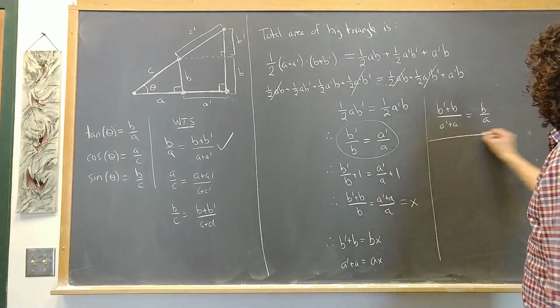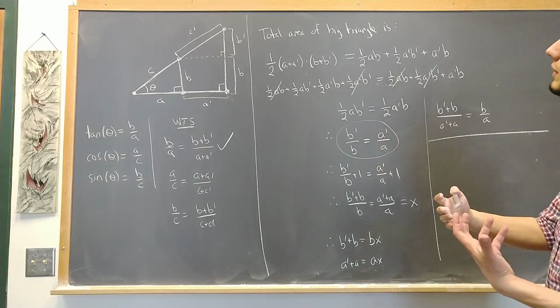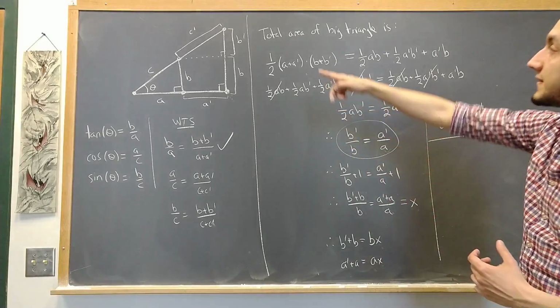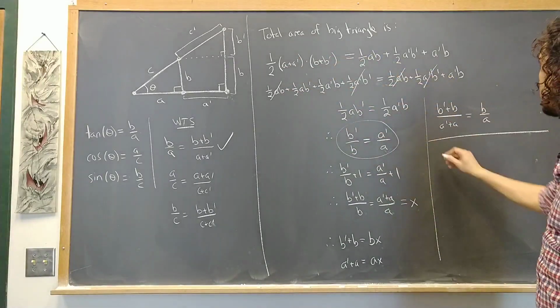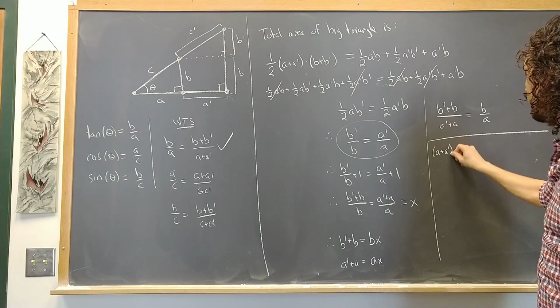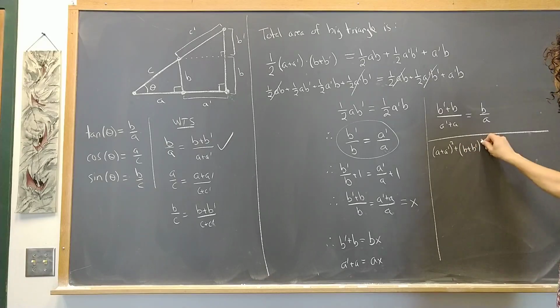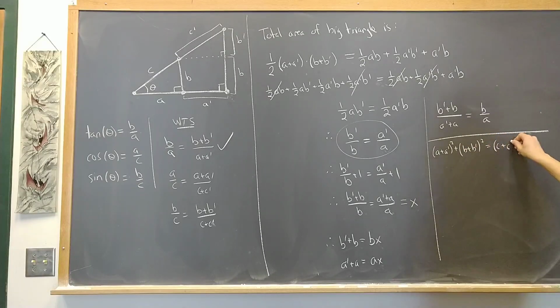Now why is that useful? Because we can use the Pythagorean theorem on this big triangle to write (a plus a prime) squared plus (b prime) squared equals (c plus c prime) squared.